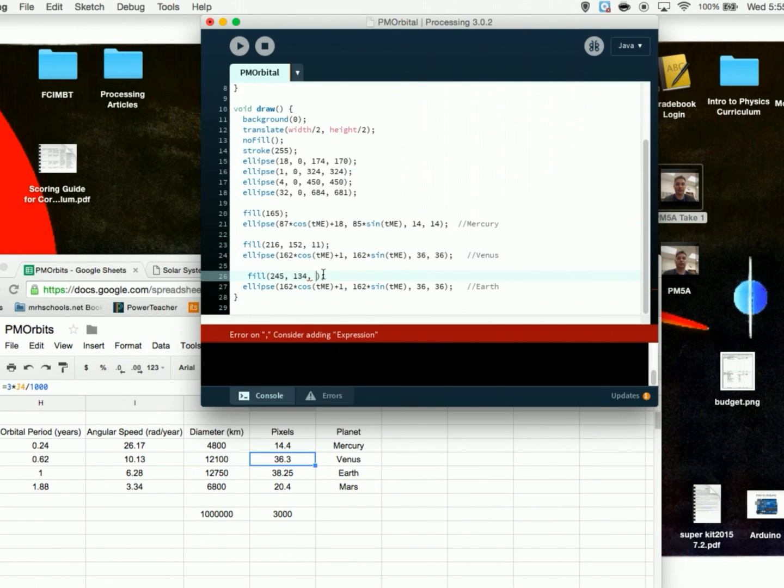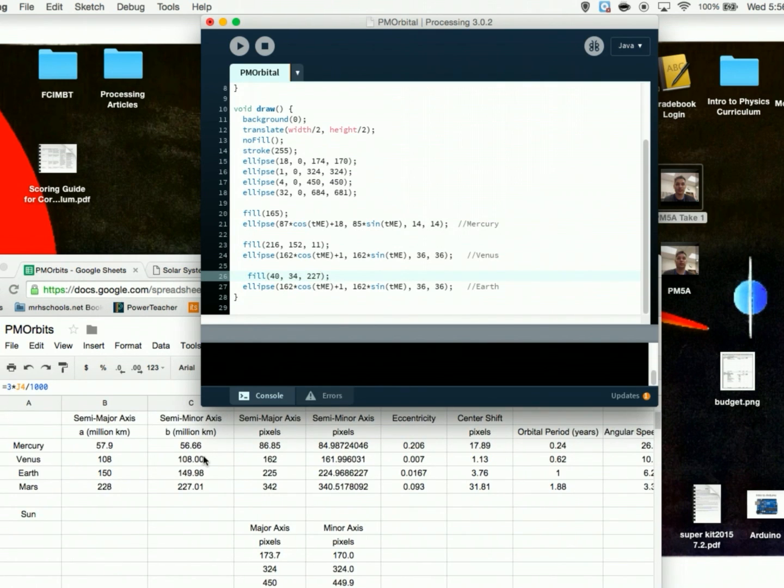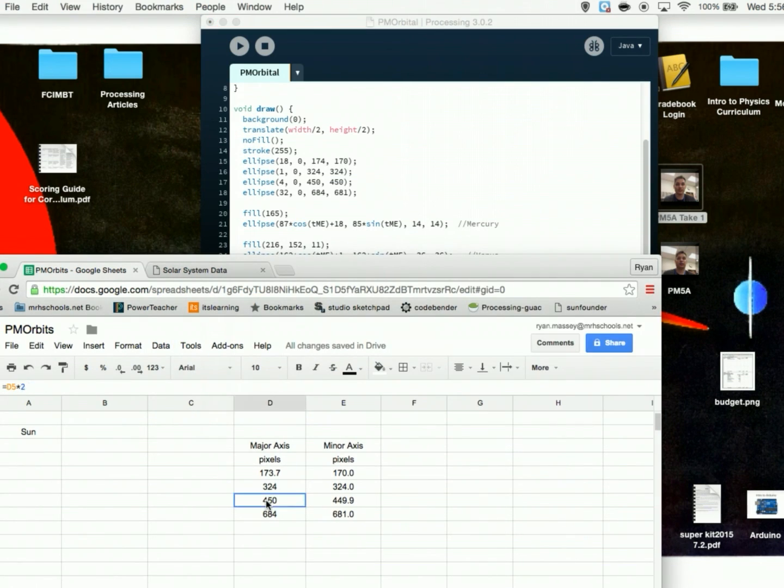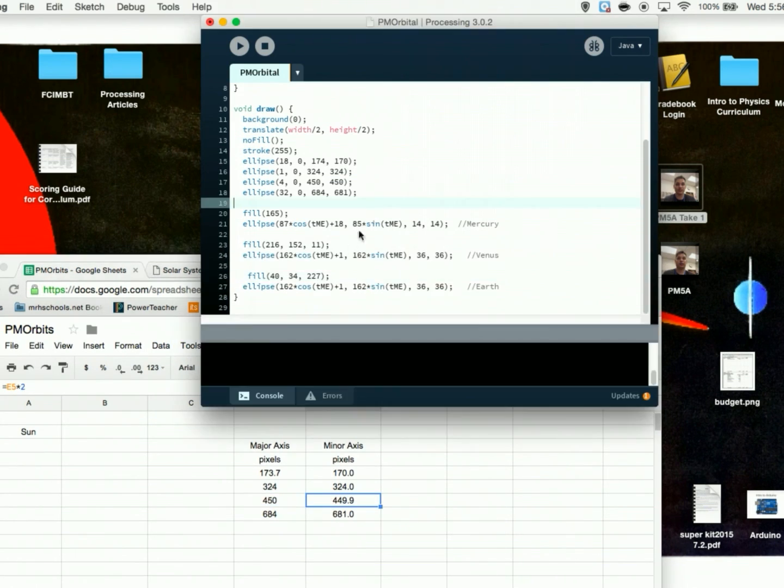Actually, I take that back. That'll be the next one. That'll be Mars. I kind of noticed that was a little bit too much red. Okay, there's our fill. For Earth, we're going to be at 450 and 450.